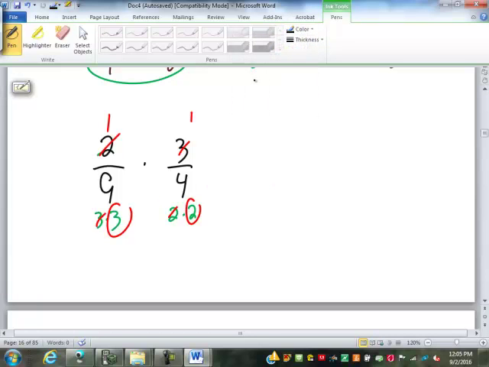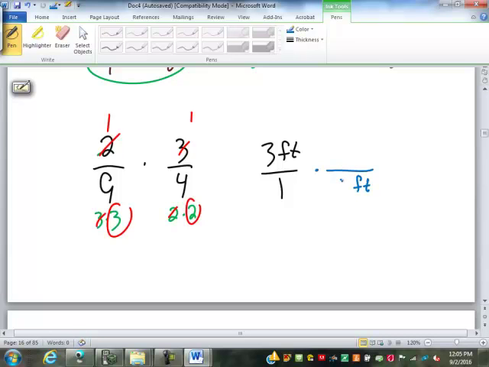Well, this is a very powerful tool, that cross-canceling within our fractions, when we do start to include other names, other labels within it. For example, we might have 3 feet over 1 as a fraction. And when we go to convert measurements, we use unity fractions or conversion factors.